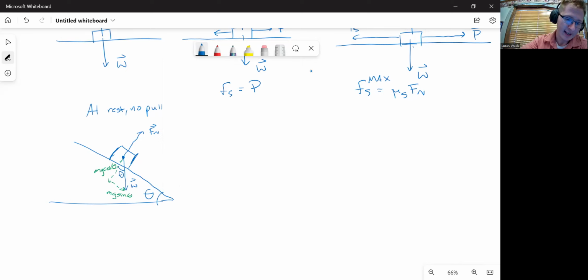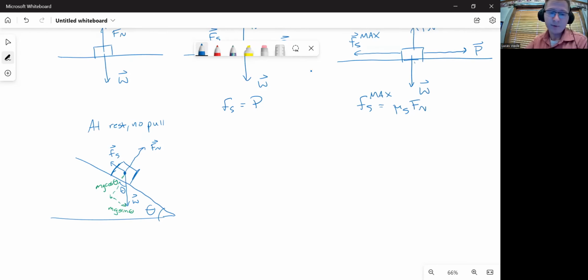What's resisting that pull down is the force of friction back up the ramp. So in this case, what's happening along the ramp is that component of gravity is pulling down, and then the force of, sorry, that should be static friction. Force of static friction is pulling back up.